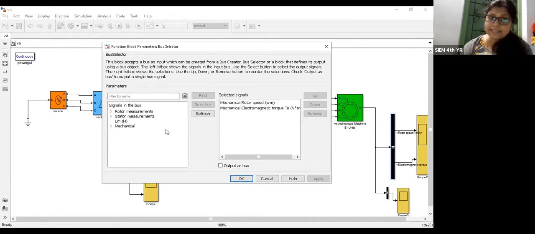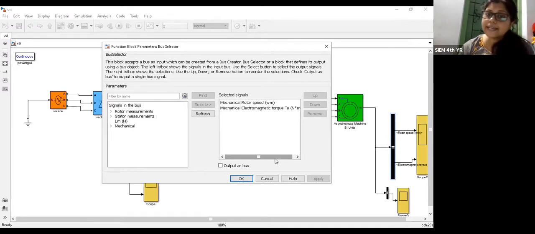From the bus selector we are choosing the rotor speed, given as omega m, and the electromagnetic torque. We have to study the torque waveform and the speed waveform in the scope of the machine.